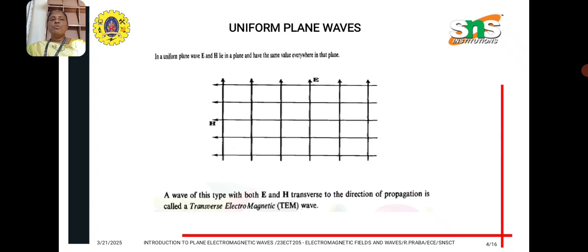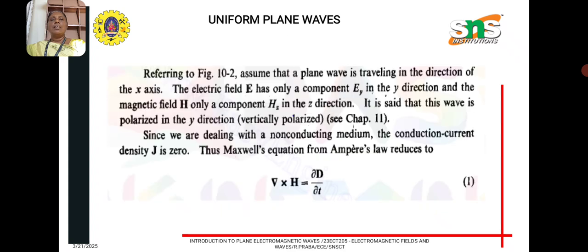So, for a uniform plane wave, the electric and magnetic field vectors are always perpendicular to each other, and they are both perpendicular to the direction of wave propagation, so a uniform plane wave is otherwise called a transverse electromagnetic wave.